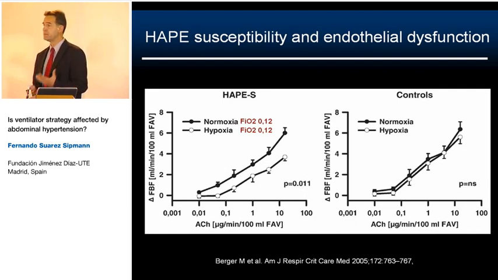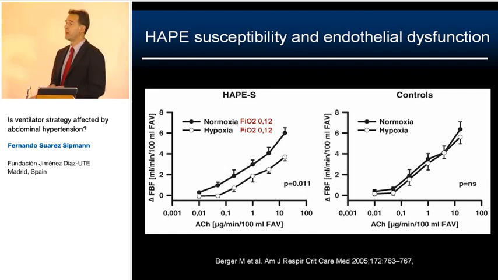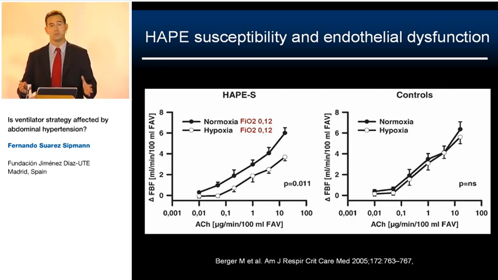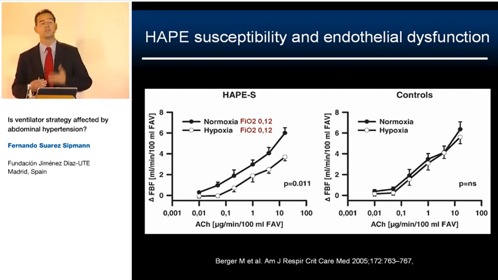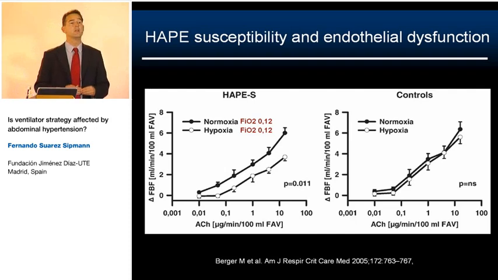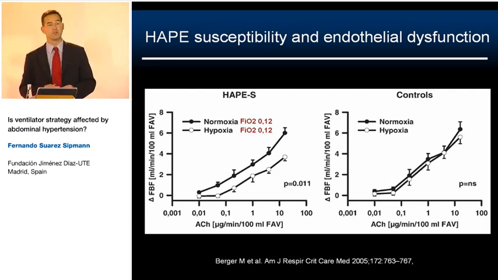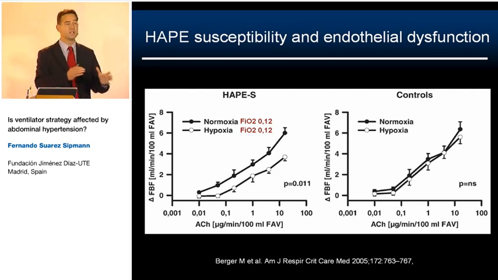So patients susceptible to development of high-altitude pulmonary edema showed an alteration in this vasodilation response, measured by forearm blood flow, which was a systemic vessel, meaning that this is an endothelial problem. So there's an endothelial dysfunction, and there is no reason why not to extrapolate this to patients during ARDS or acute lung injury submitted to hypoxic areas inside the lung.